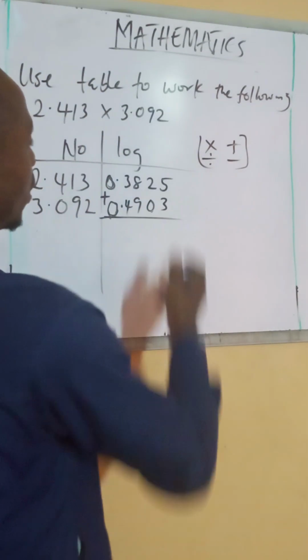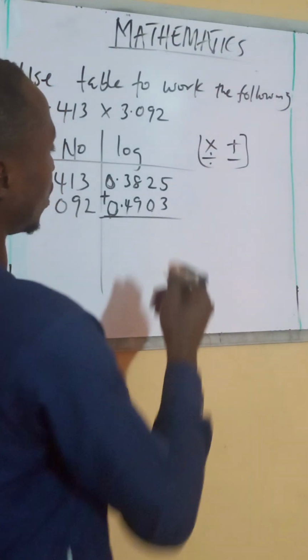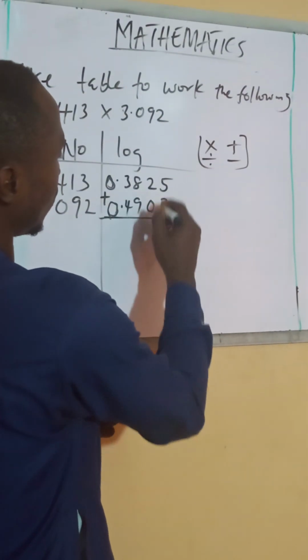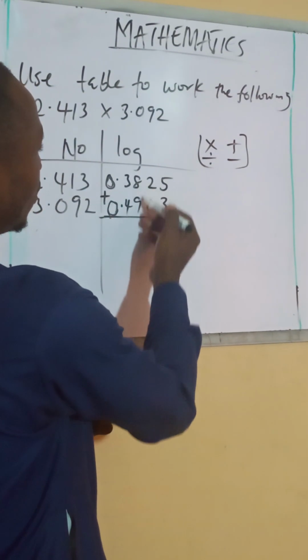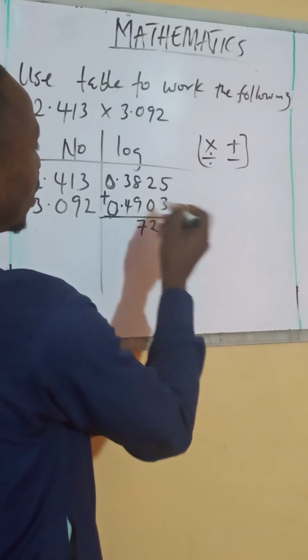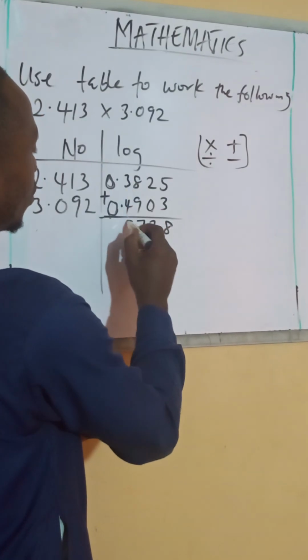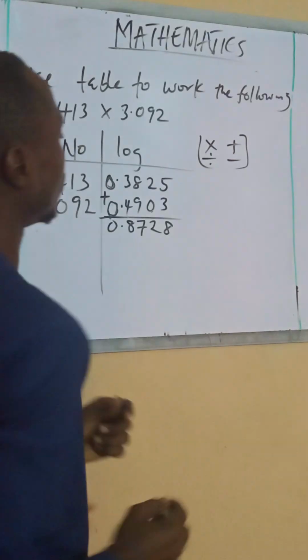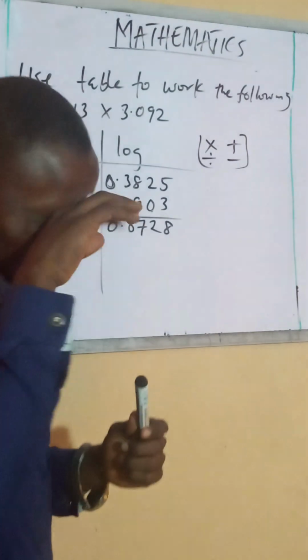Okay, let's add up this together now. You have here 8, you have 2 here. This will give us 17. 7 carry 1. Add the 1 here becomes 4. 4 plus give us what? 8.0. We are done with that.